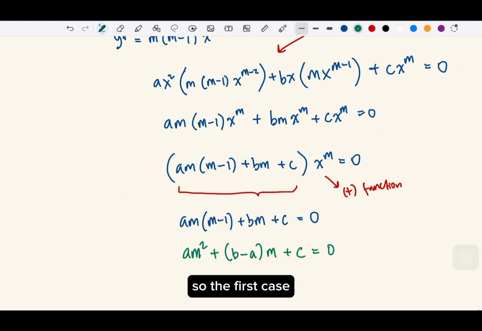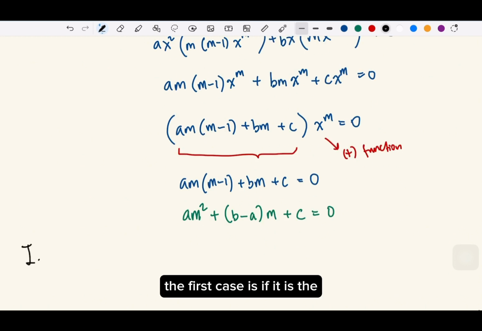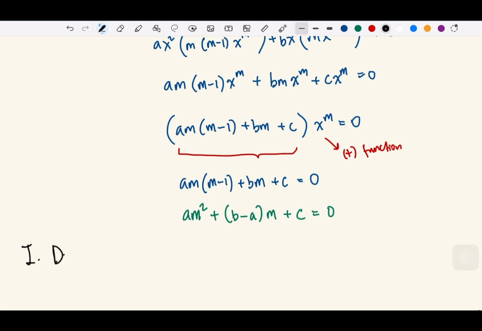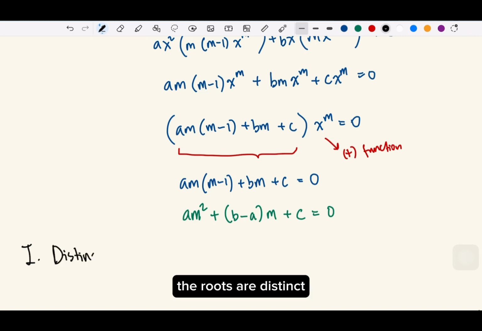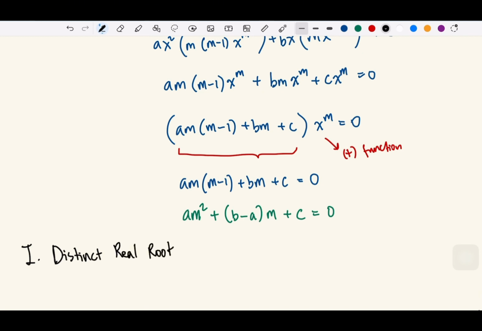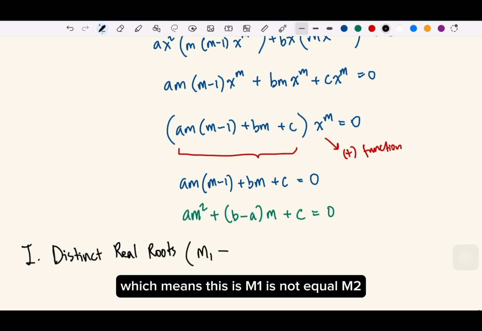So the first case is if the roots are distinct and real numbers, which means m1 is not equal to m2.